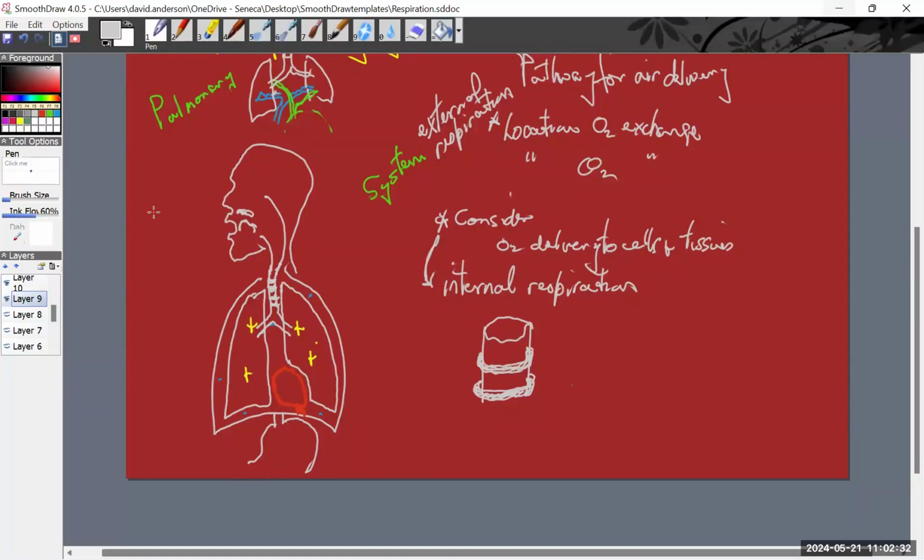So our air from the external environment is able to pass through either the nose or the mouth and be delivered to the open trachea for delivery through branches throughout the lungs. So the air is going to be taken in through the nose and the mouth and pass through the nasopharynx and the oral pharynx to the larynx, which is the area near the top of the trachea, and then enter the airway, the unique pathway to the lungs.